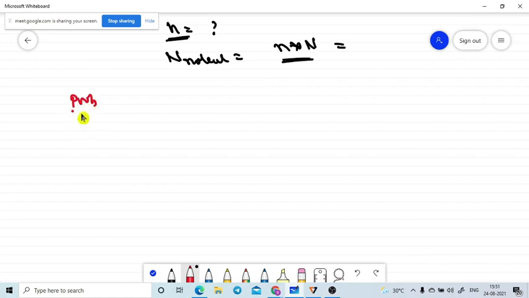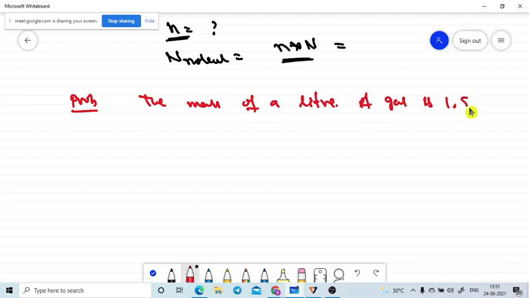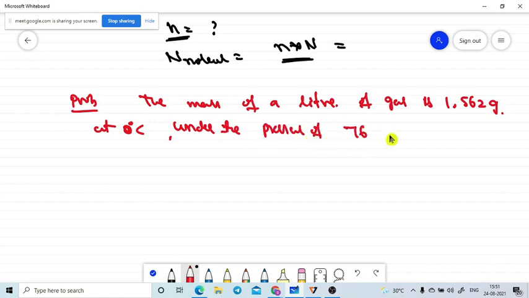Next problem. We are continuing to the next problem. The mass of a liter of gas is 1.562 grams at 0 degree Celsius under the pressure of 76 centimeter of mercury.